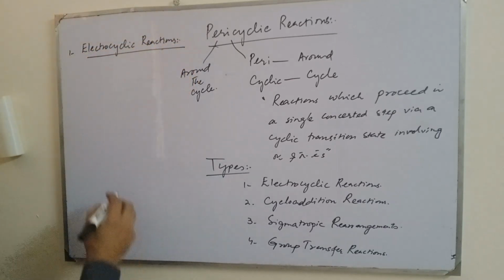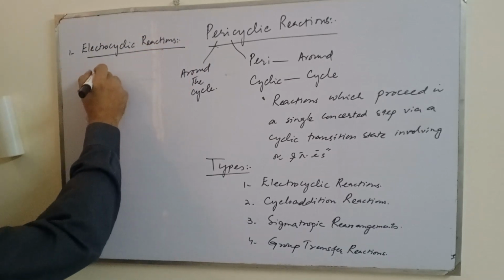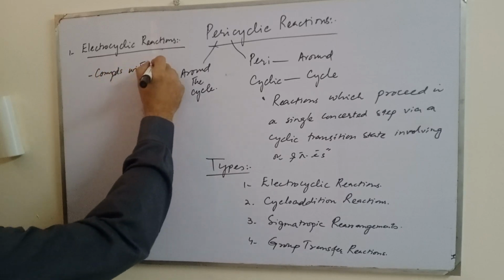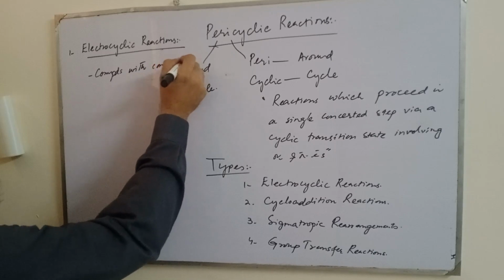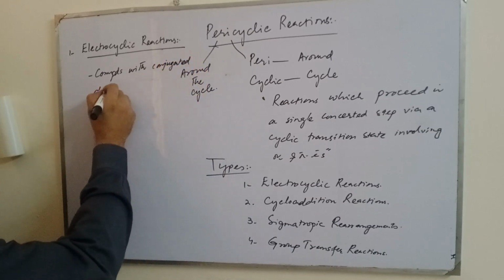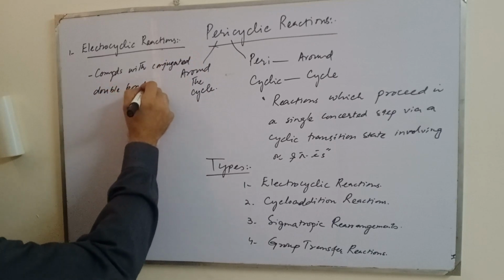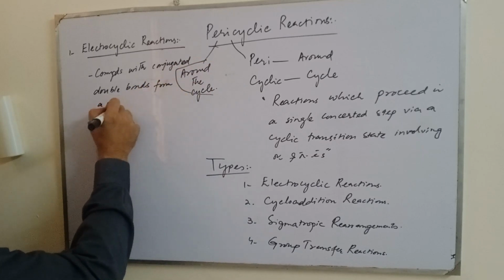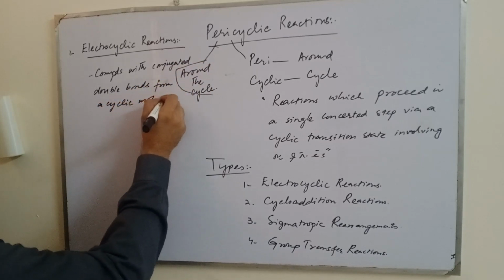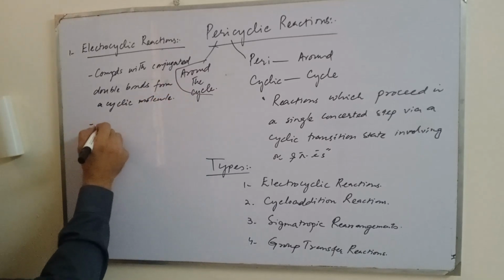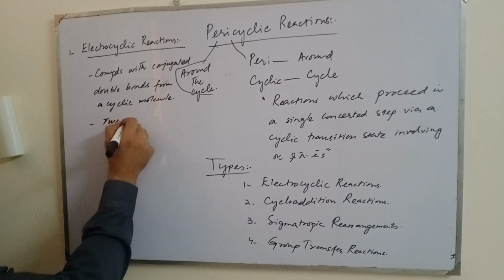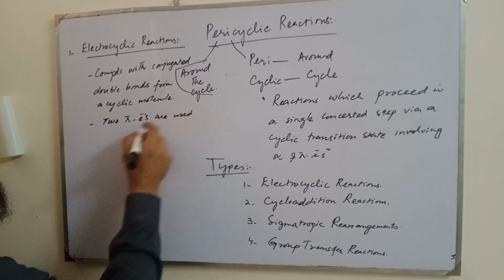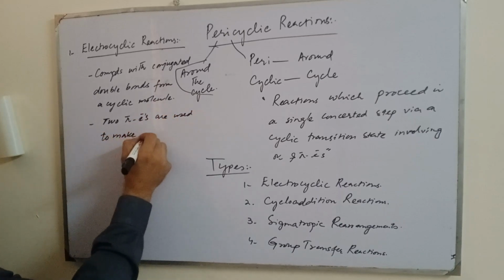In electrocyclic reactions, compounds with conjugated double bonds form a cyclic molecule. And in these cases, 2 pi electrons are used to make a sigma bond.